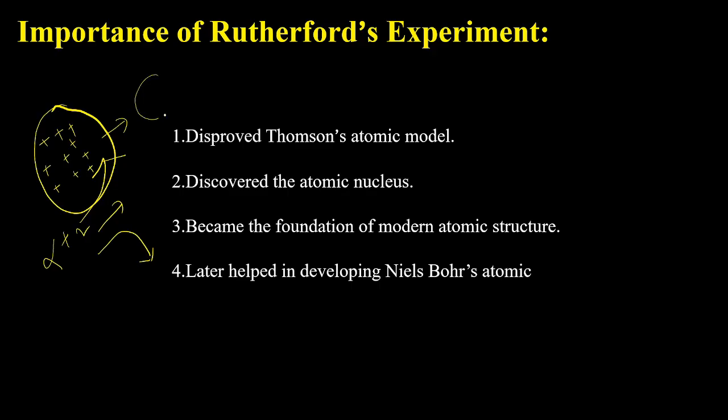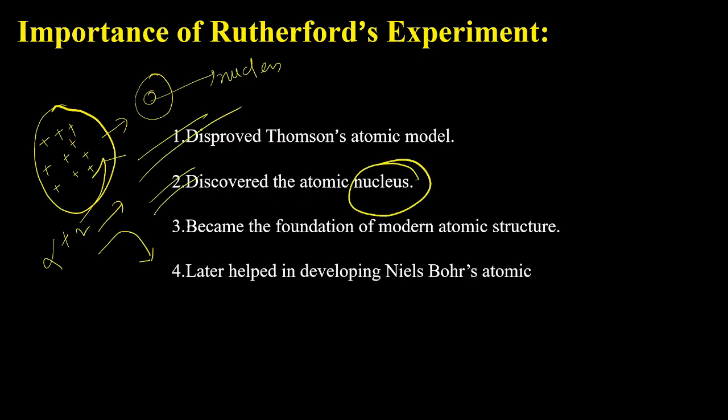Rather, it is concentrated within a small region inside the atom, and he named that region the nucleus. Rutherford's alpha particle scattering experiment disproved Thomson's atomic model. It was the experiment which discovered the atomic nucleus. It became the foundation of modern atomic structure. And later, this experiment helped in developing Niels Bohr's atomic model.